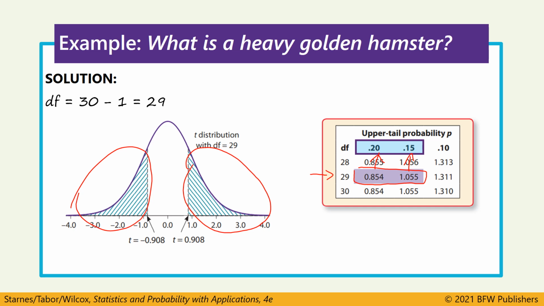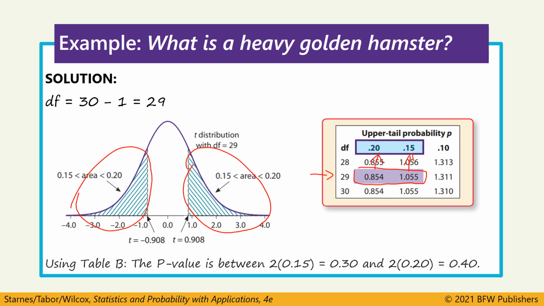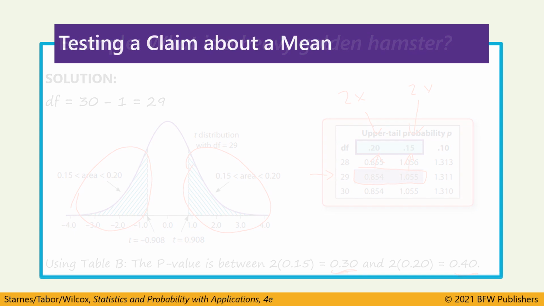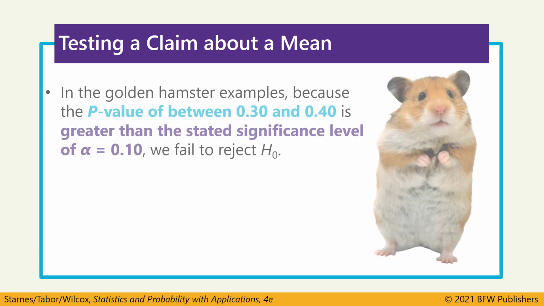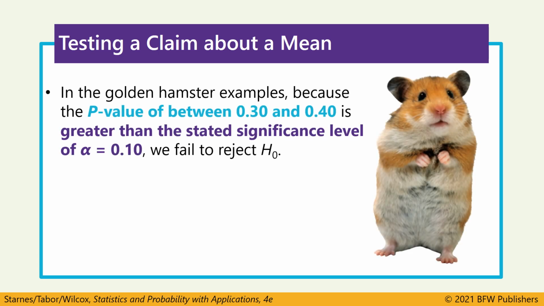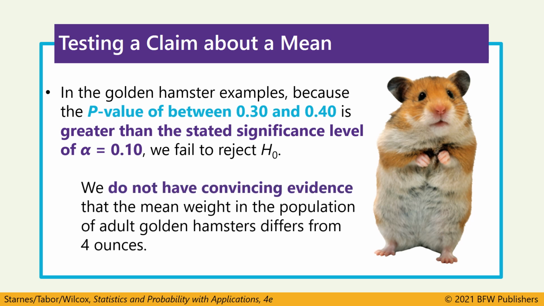So to include that other side, we're just going to double those values and find a total p-value somewhere between this times 2, which is 30, and this times 2, which is 40. We can use this to write our conclusion. The p-value is somewhere between 30 and 40%. Because of that, it's greater than our alpha level of 10%. We're going to fail to reject that null hypothesis. We do not have convincing evidence that the mean weight in the population of adult golden hamsters differs from 4 ounces.